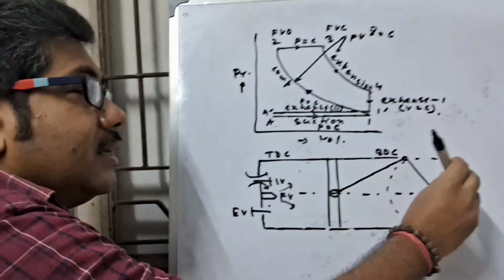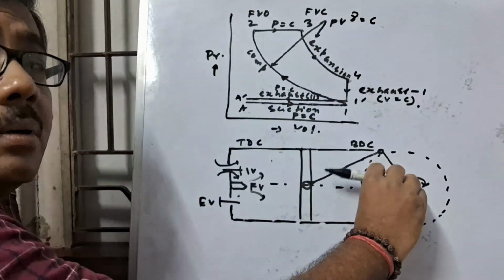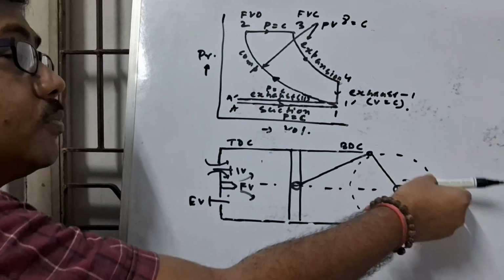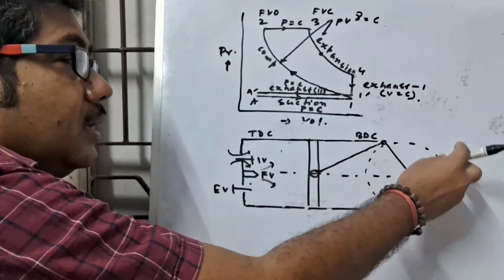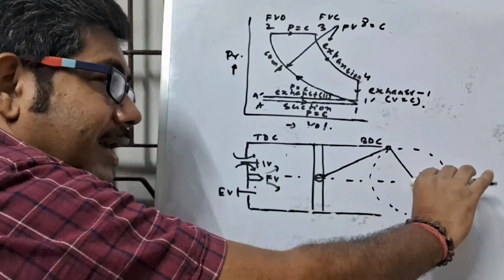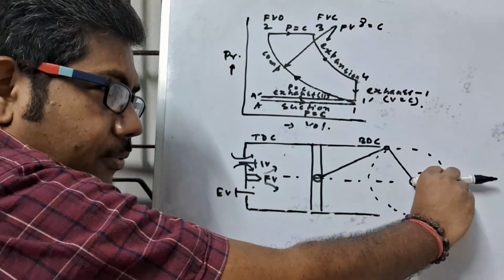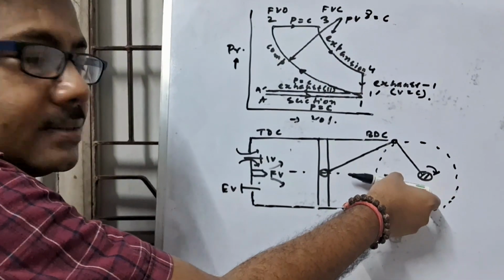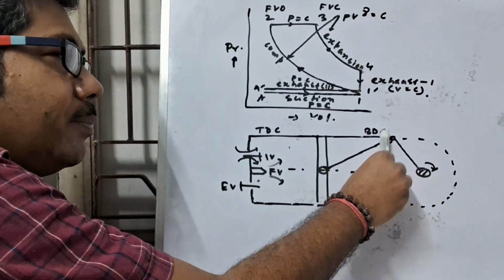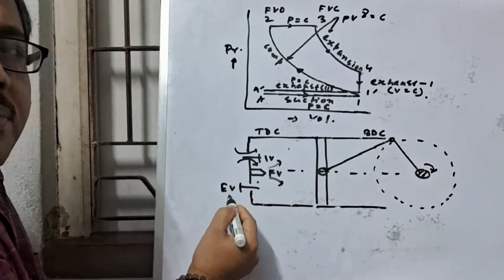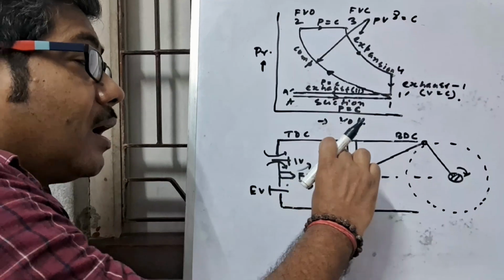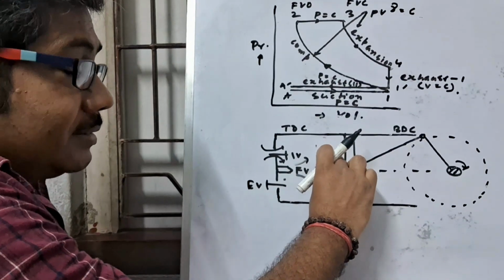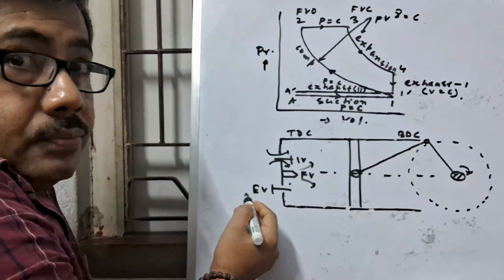Now the crank rotates from negative x to positive x. Now when the crank rotates from positive x to negative x, that means the piston moves from BDC to TDC, the exhaust valve is opened, and now the burned gases escape out.